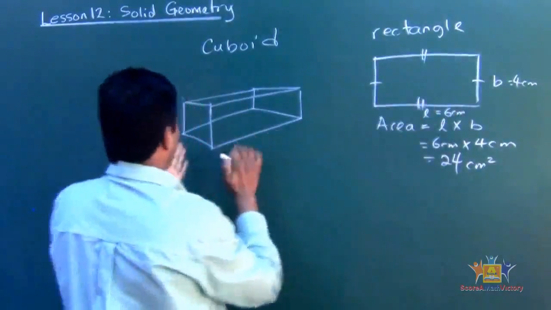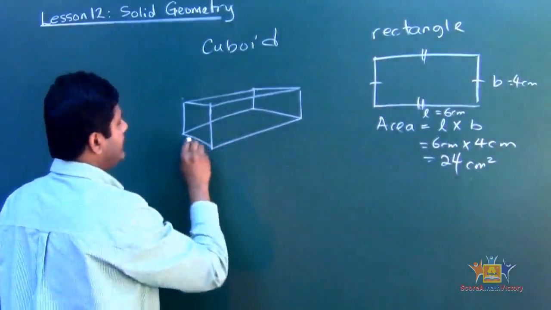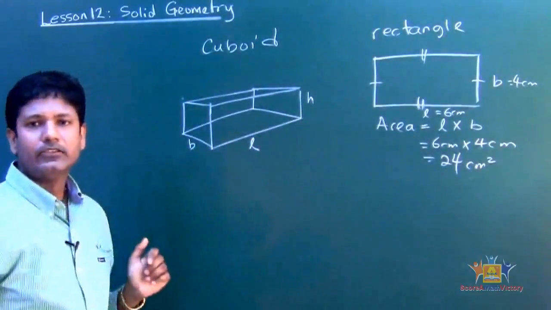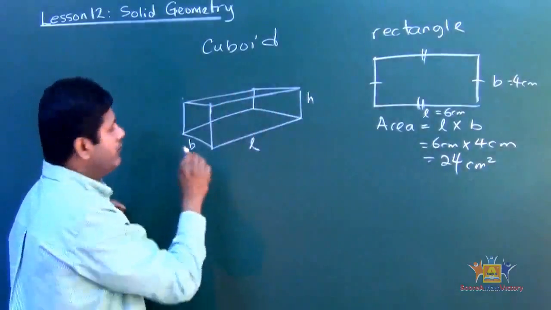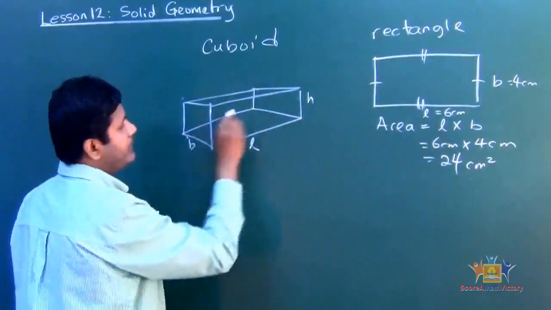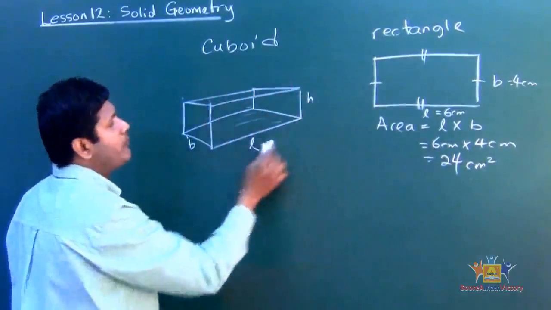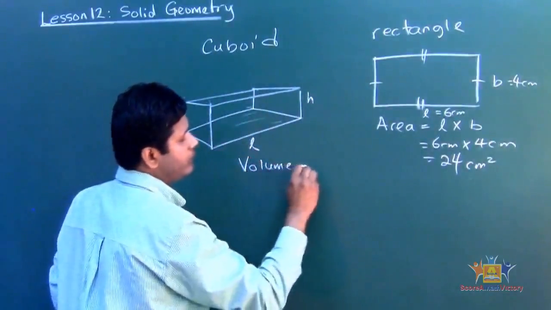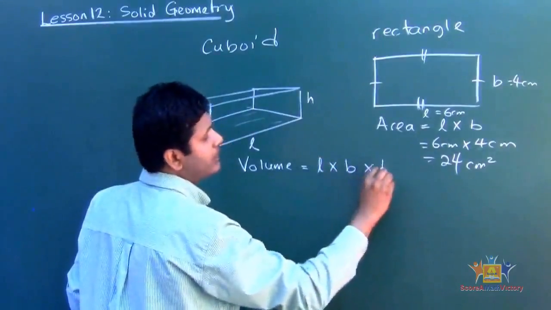This is the base, this is the breadth, this is the length, and this is the height. So the moment I put a height, it forms a cuboid with a base that has the area length times breadth, and then I put a height to it. It forms into a cuboid. So that's what volume is. Volume equals length times breadth times height.